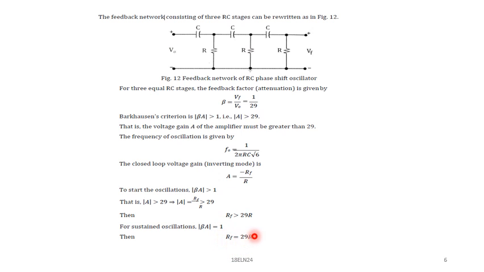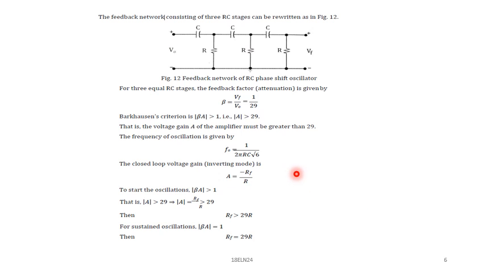So these are all the design constraints. First I should know the equation for the frequency. The frequency will be given by 1 by 2 pi into RC square root of 6. And from this you have to select R and C. Again, to obtain the feedback resistance and the R, you will use this equation, that is RF is equal to 29 into R. If both the conditions are satisfied, then my circuit is acting like an oscillator.